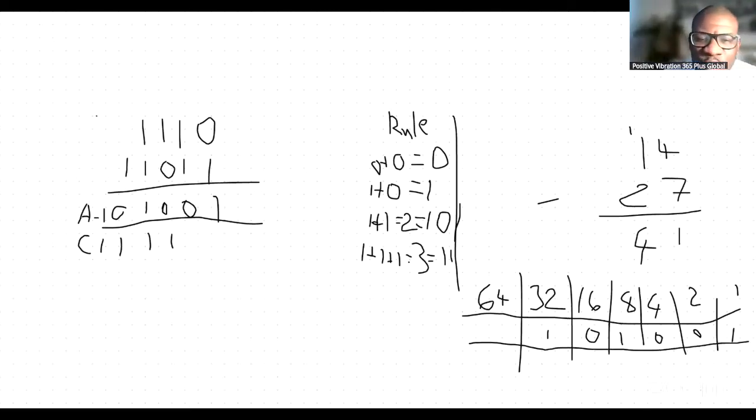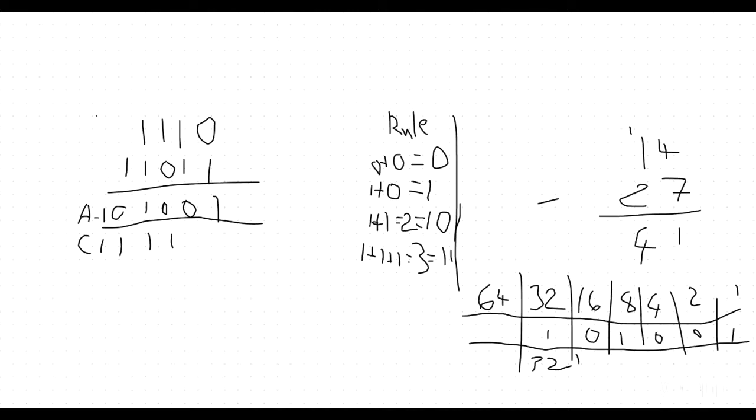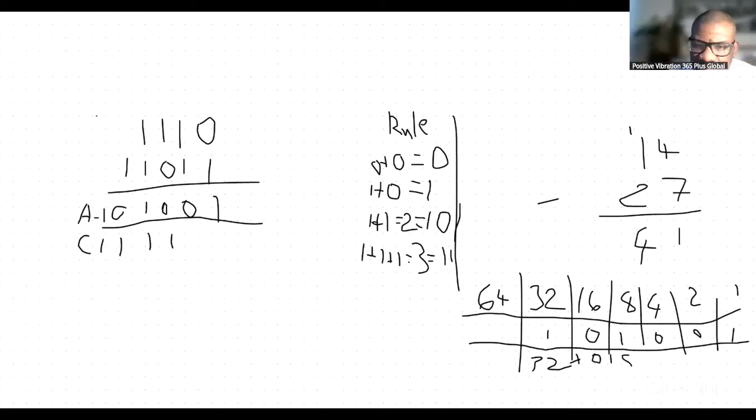So let's work this out. 1 times 32, Deandra. 32. Very good. 0 times 16. 0. Nice. All right. 1 times 8. 8.